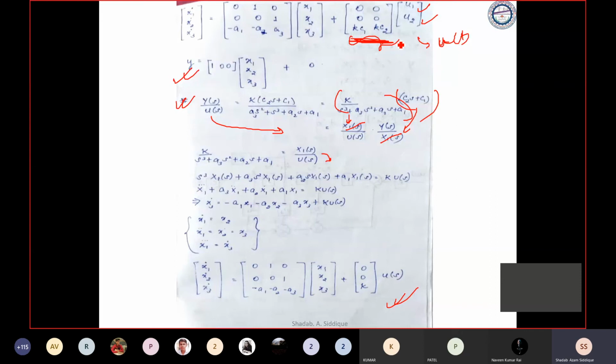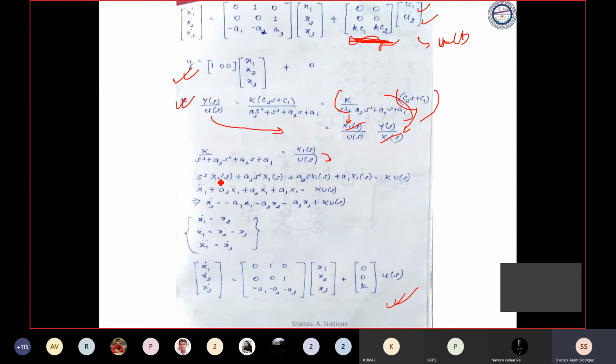So now you can see here what is the thing. What is this k into u? k into u is equal to this multiplied with x1. So you'll get s cubed x1 plus a3 s square x1 plus a2 s x1 plus a1 x1 equal to k u of s.